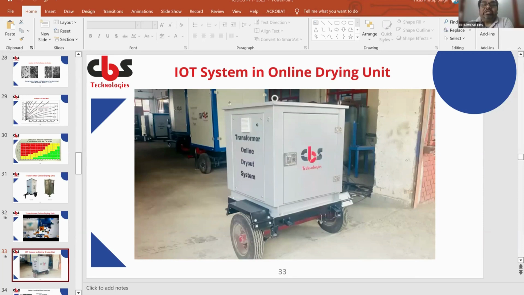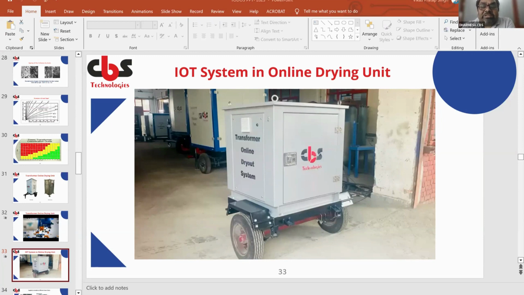This is the IoT based system which we have put in railway utilities in Delhi, PGCIL, and some different places. We have sold somewhere around 300 to 400 systems to different power utilities. We request each power utility: this is a system with a very small investment.